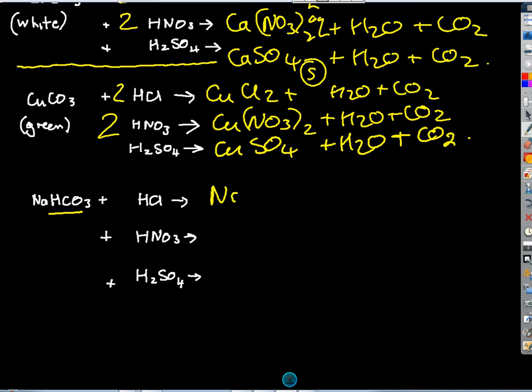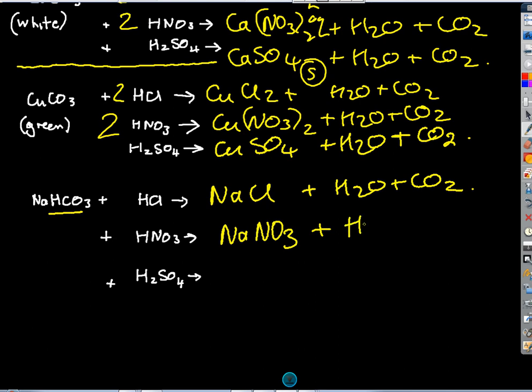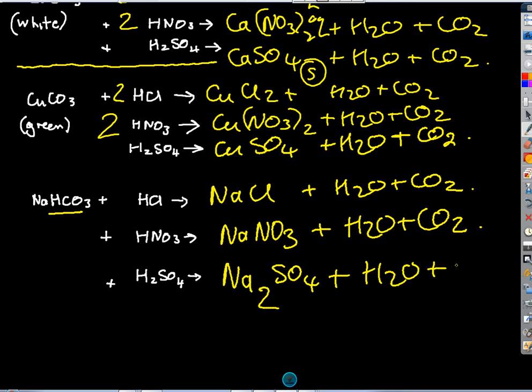Sodium chloride: sodium is +1, chloride is -1, NaCl plus water plus CO2. Sodium chloride is a colourless solution, is what you would make there. Okay. Sodium nitrate: Na is +1, nitrate is NO3, -1, so they cancel each other out. Then we have sodium sulfate: Na is +1, sulfate, remember, is -2, so we need 2 sodiums, plus water plus my carbon dioxide, of course.